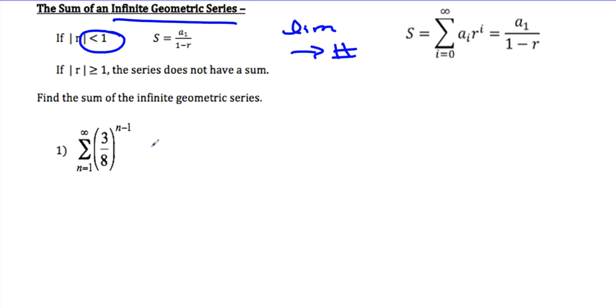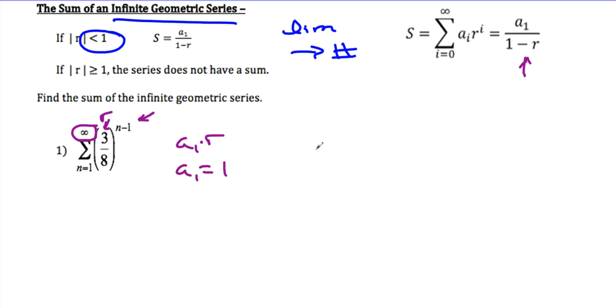Alrighty, so what we have here is our sum, and we're going to add up all these into an infinite sum. Basically, you're just going to plug into this formula right here: a sub 1 over 1 minus r. That's a pretty darn easy formula to work with. Now remember, this is r right here. So a sub 1 times r, well, if you don't see anything there, a sub 1 has to equal a 1.